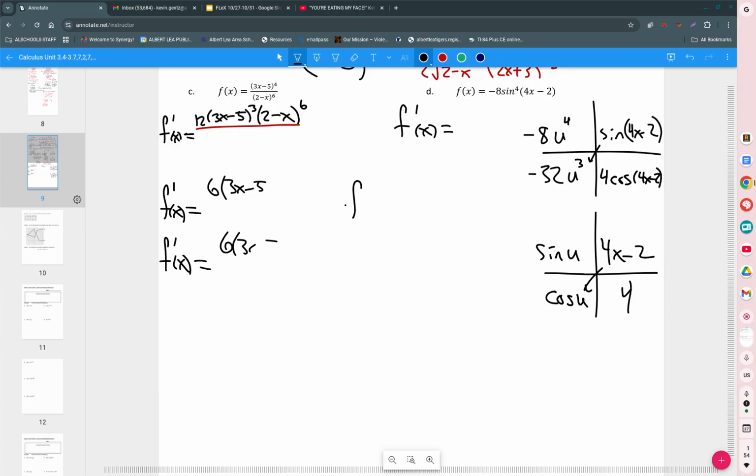For this derivative, we will go ahead and multiply those two expressions together, right? So 4 times negative 32 is negative 128. We have the sine cubed of 4x minus 2, and we have a cosine of 4x minus 2.